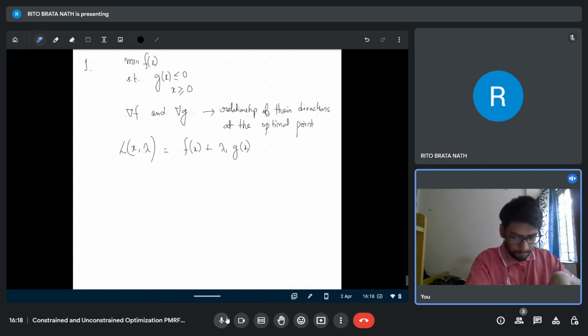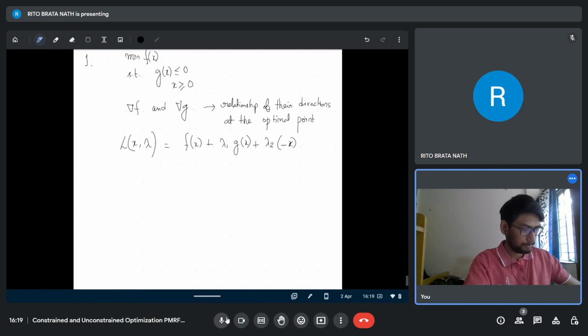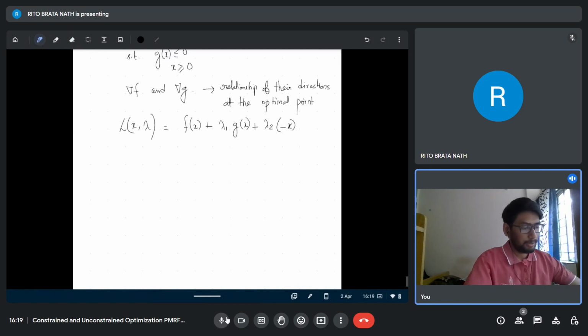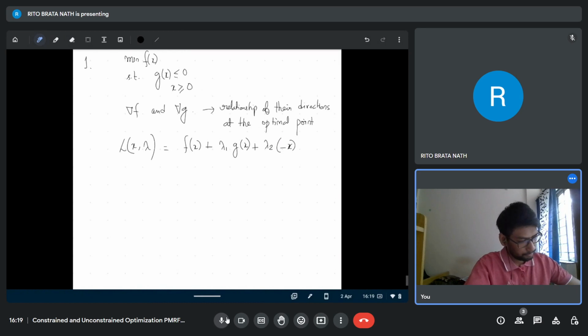And then you also have x greater than or equal to 0, so you can also add lambda 2 times minus x. Then you take the derivative at the optimal point.